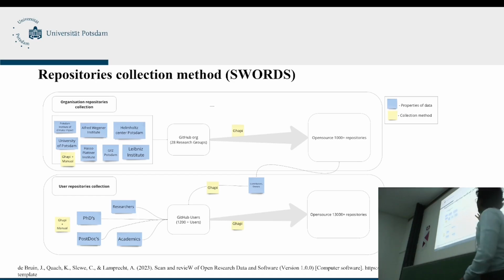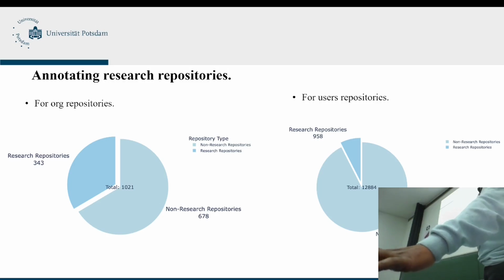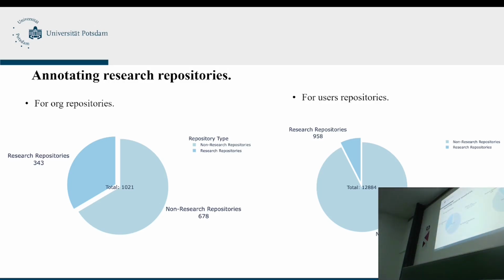We found 28 research groups around Potsdam, and we scraped their open source repositories, which were around 1,000. And then we also scraped PhDs, postdocs, and researchers repositories, which were around 13,000 plus. Then we annotated them into research repositories and non-research repositories, because we want to evaluate software quality aspects of research repositories.